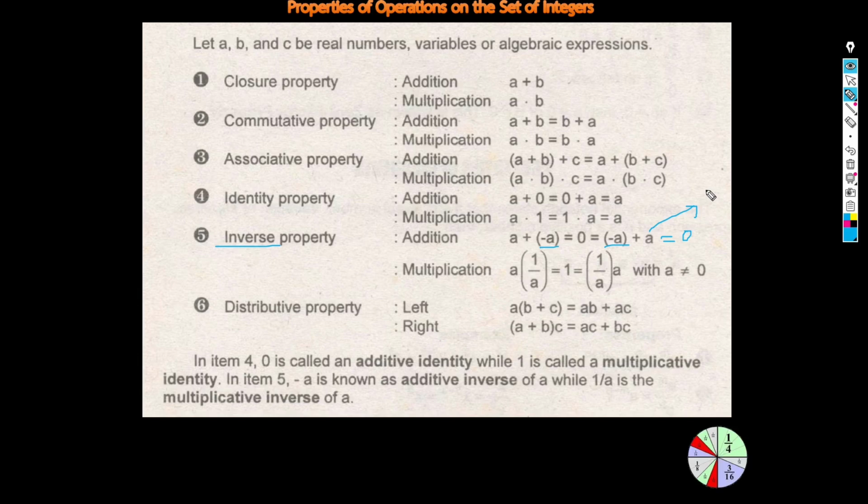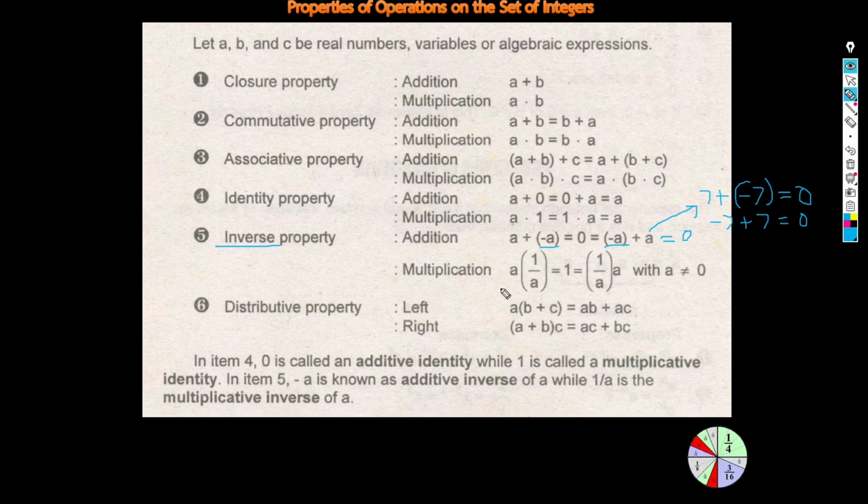For example, 7 plus the additive inverse of 7, which is equal to negative 7, will give you a 0. Same with negative 7 plus the additive inverse of negative 7, which is positive 7. It will also give you a 0. Same answer. It will give you a 0 when you add the additive inverse of a given number.